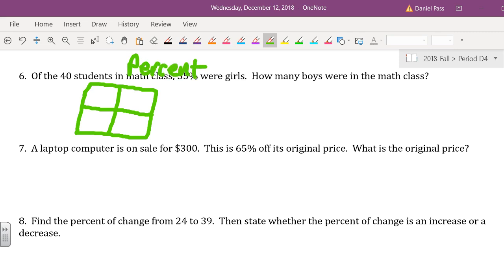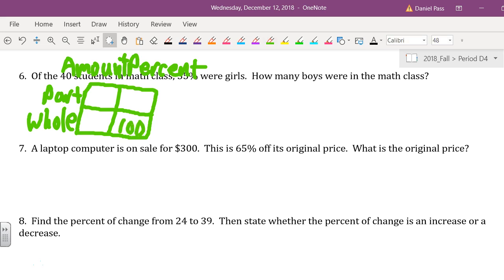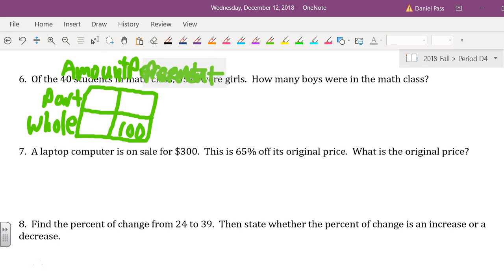And what goes on the left side? The part. No, the amount. What about here? The whole. This is part and whole. Right? And 100 always goes where? At the bottom right. Good.